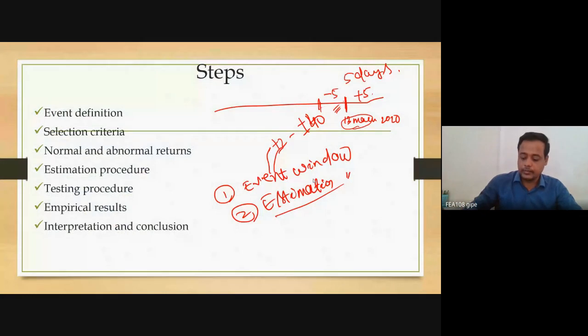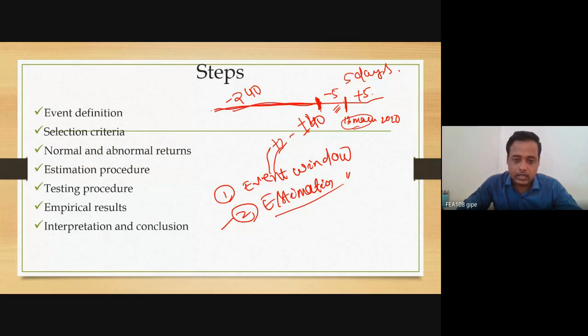See, the estimation window is applied before the event window, about 250 days, from minus 5 back to minus 240 or minus 250. Whenever the event window ends, prior to that we take minus 240 or minus 250 days to calculate the beta.